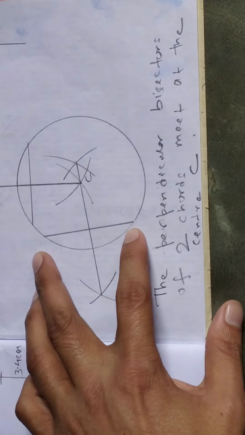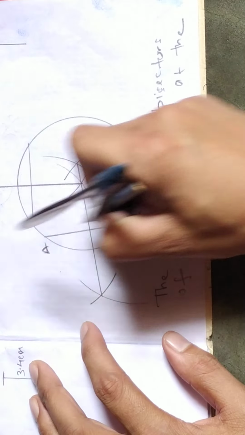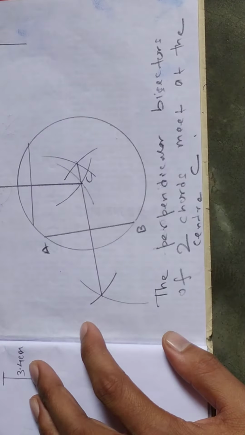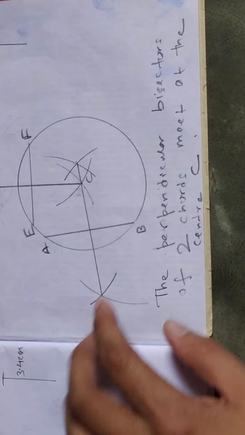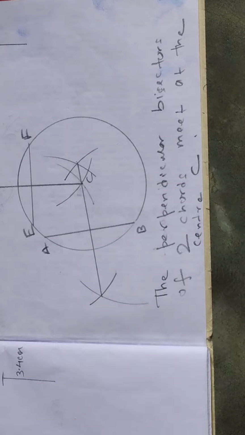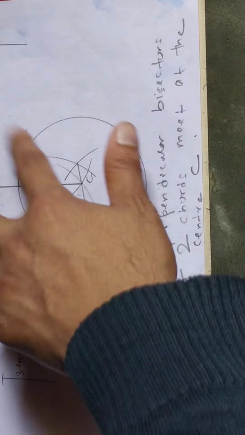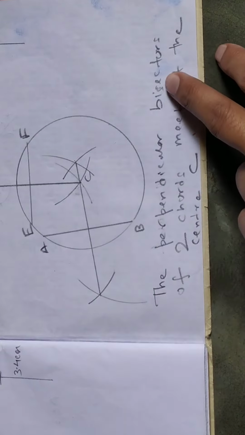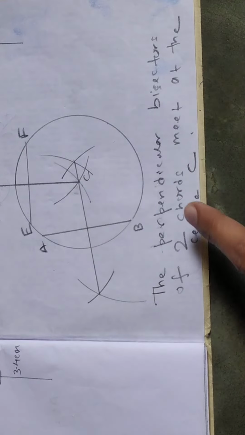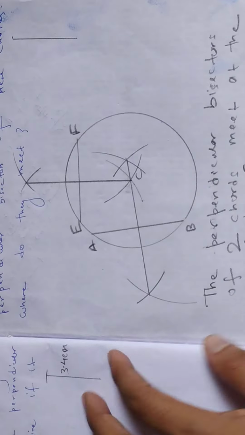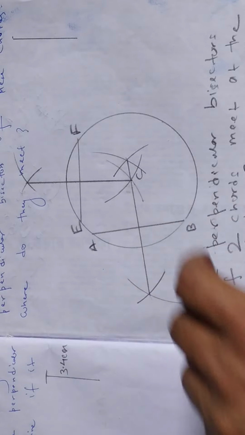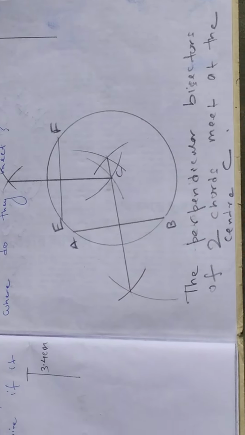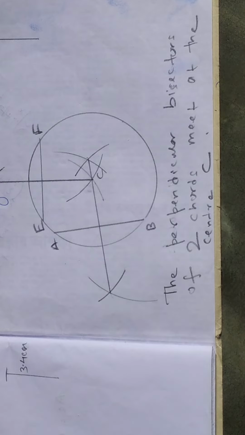And now you can give the names of these chords, AB, and here I can give EF. Because C we have already taken as the center, so I have given AB and EF. So the perpendicular bisectors of two chords meet at the center C. As you can observe from this diagram, this line and this line, they are meeting at the center C. So this is question number 8.